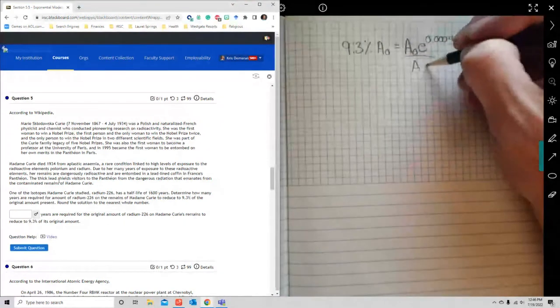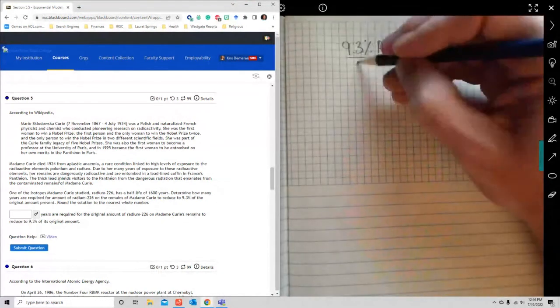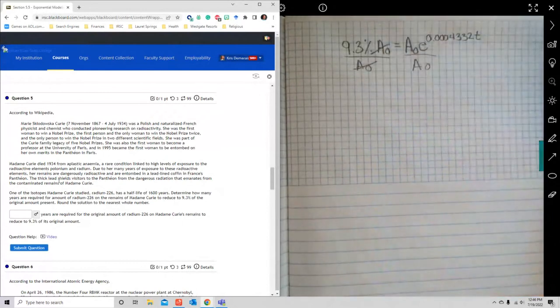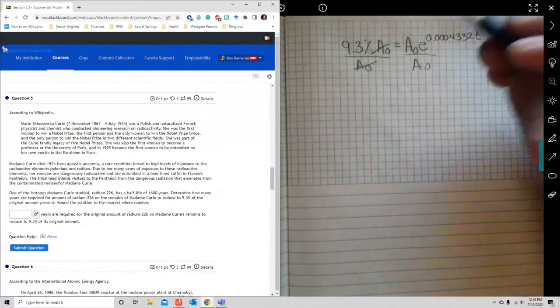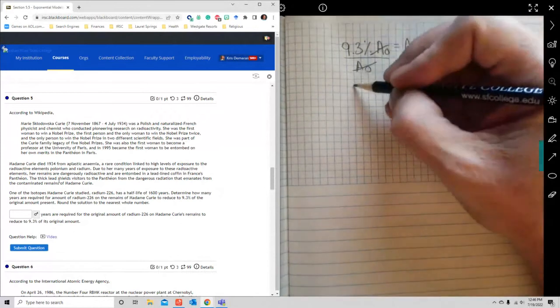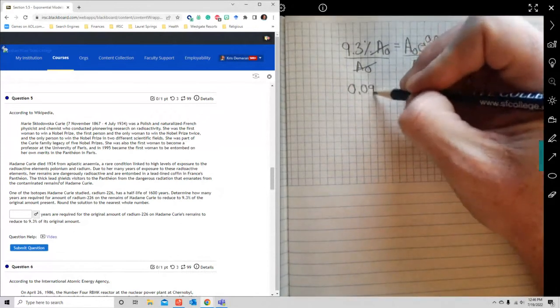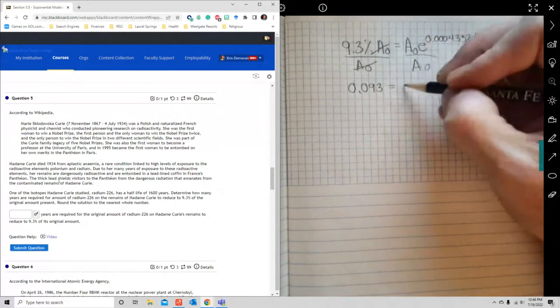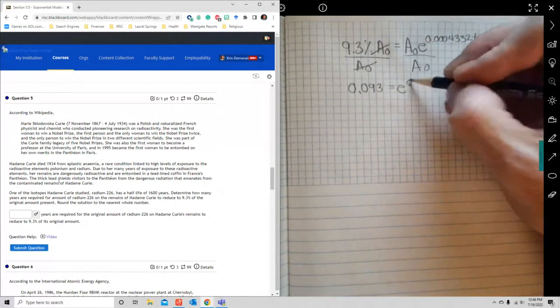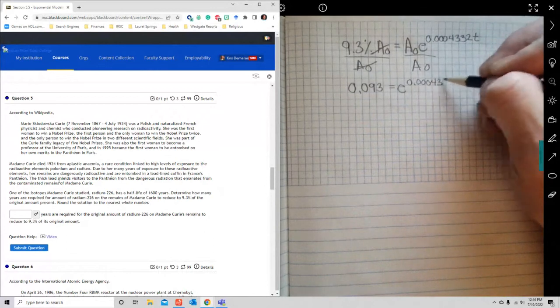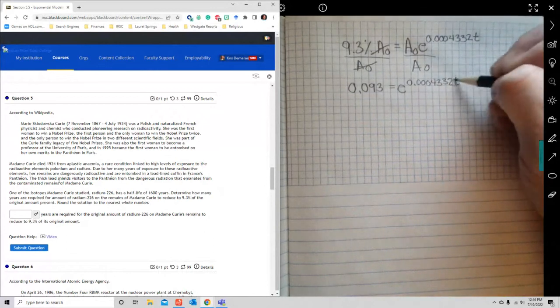We don't care about A-naught in this particular case because we're asking for 9.3% of its original amount. So we can represent that as 0.093 equals e raised to 0.00043332 t.